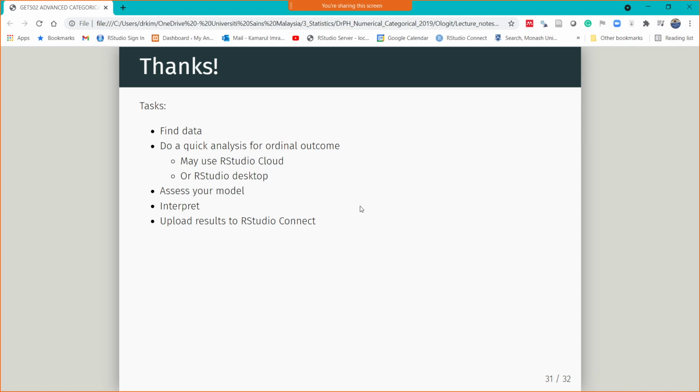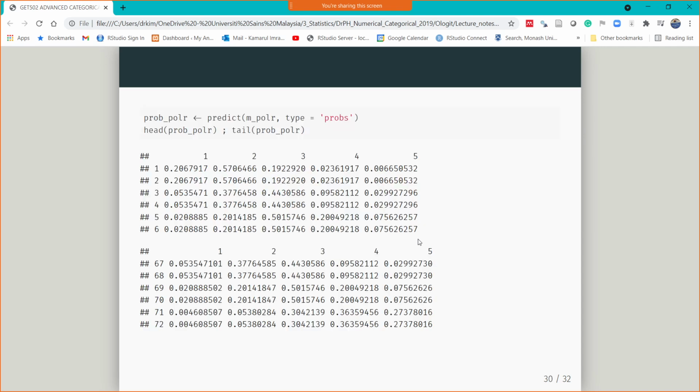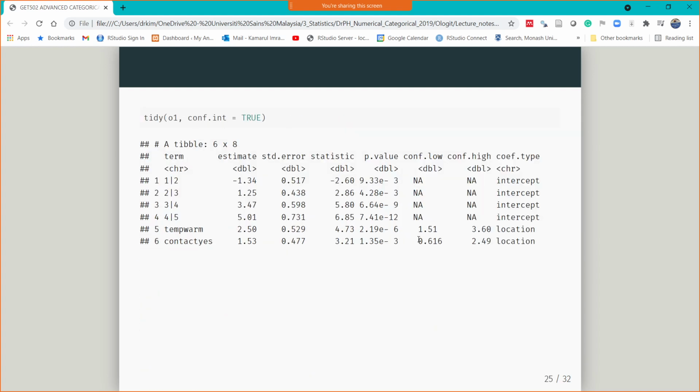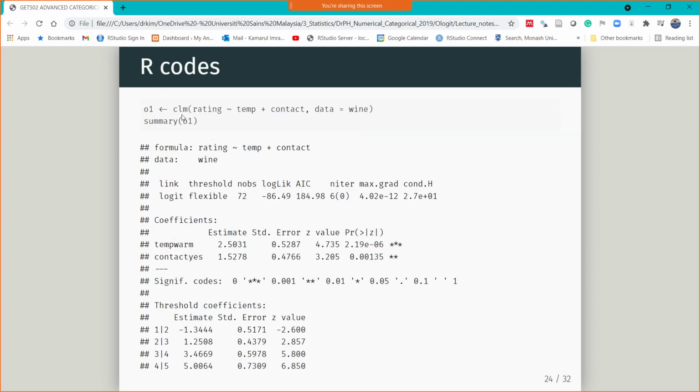But really, to run ordinal logistic regression is very simple. You just use clm, identify the outcome variable, identify the covariates. That's it. It's very simple.